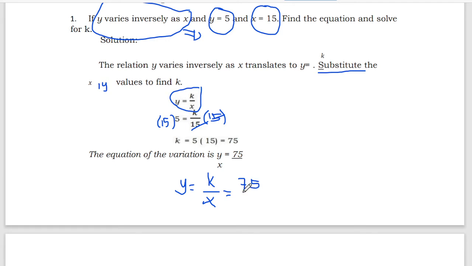So therefore, based from here, your equation now is y equals 75 over x. So that is now your equation.